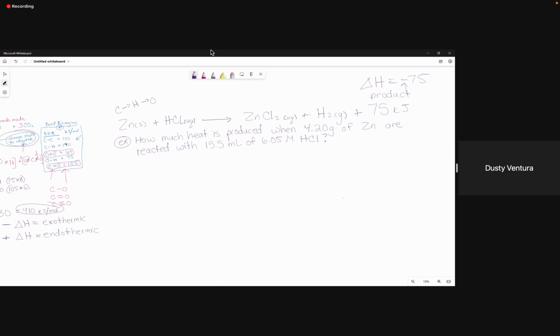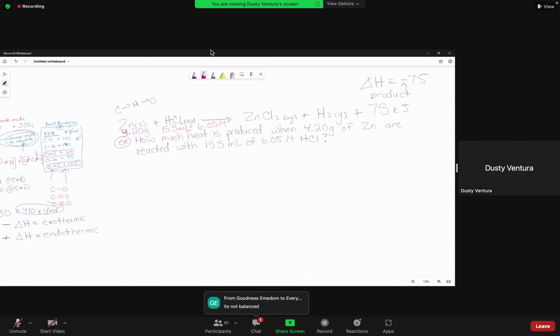So we've got 4.20 grams of zinc, and then we've got 15.5 mL of a 6.05 molar solution. So you did this in lab this week. You had to find the moles of limiting reagent to divide by your Q value, or maybe you haven't done your lab calculations, but that's exactly what you did in lab.